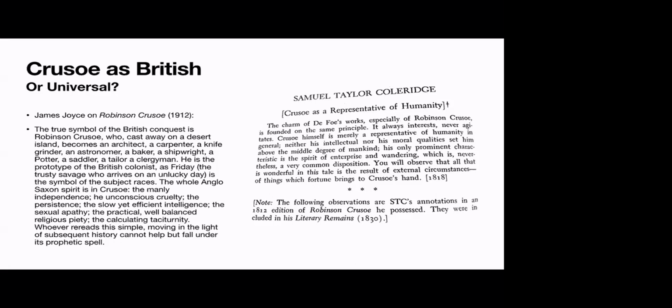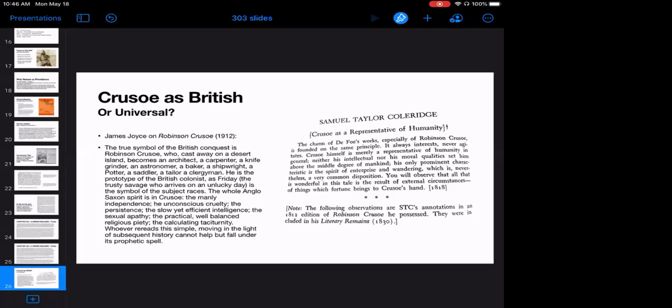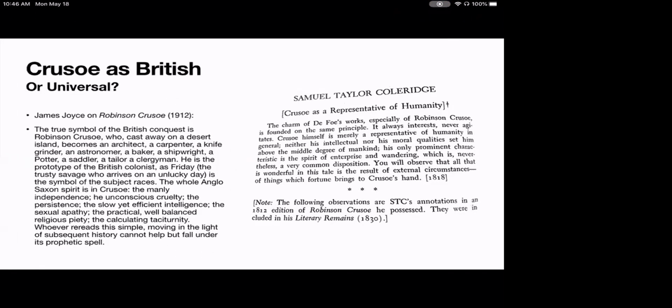Coleridge, of course, himself an Englishman, describes Crusoe as a representative of humanity. The charm of Defoe's works, says Coleridge, especially of Robinson Crusoe, is founded on the same principle. It always interests, never agitates. Crusoe himself is merely a representative of humanity in general.